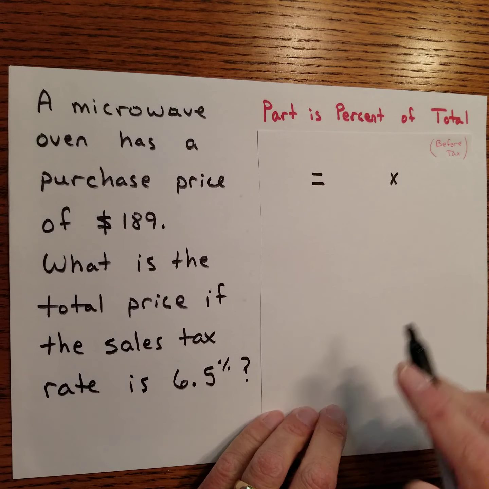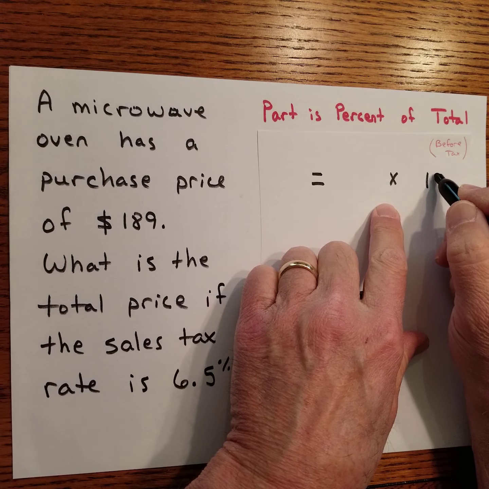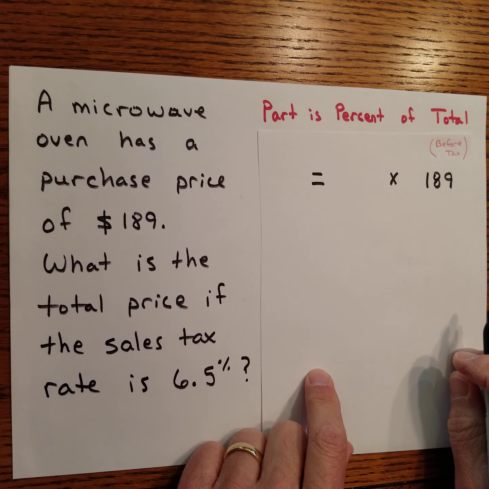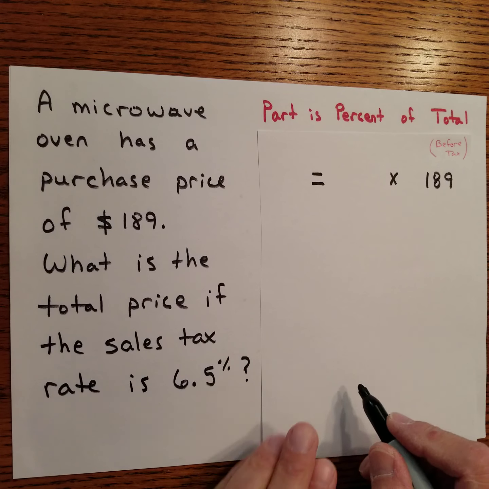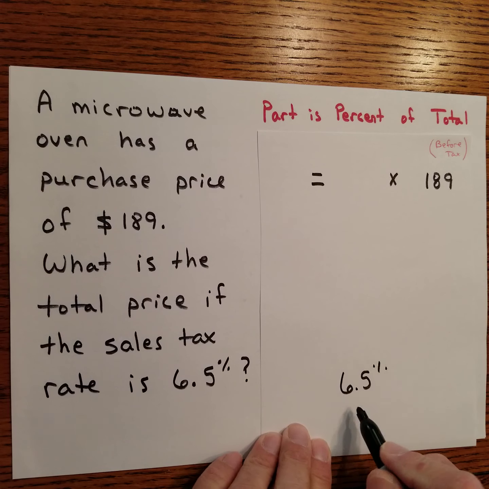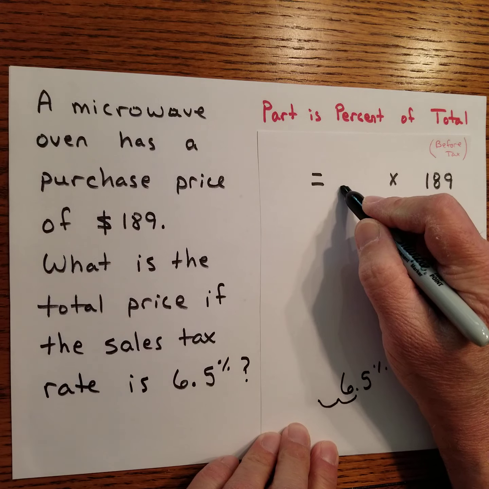A microwave oven has a purchase price of $189. That's the total before tax. What is the total price if the sales tax rate is 6.5%? I know 6.5% as a decimal will be 0.065.